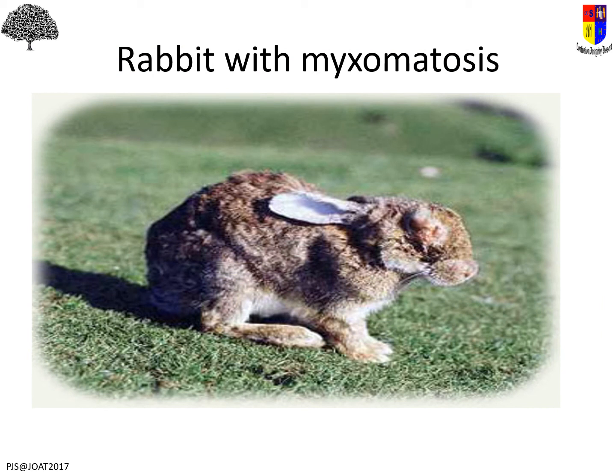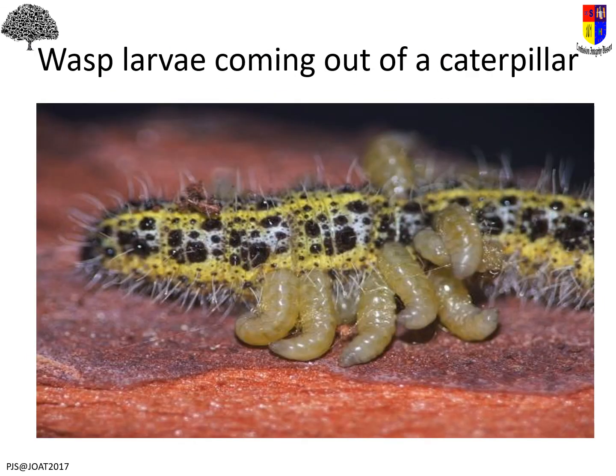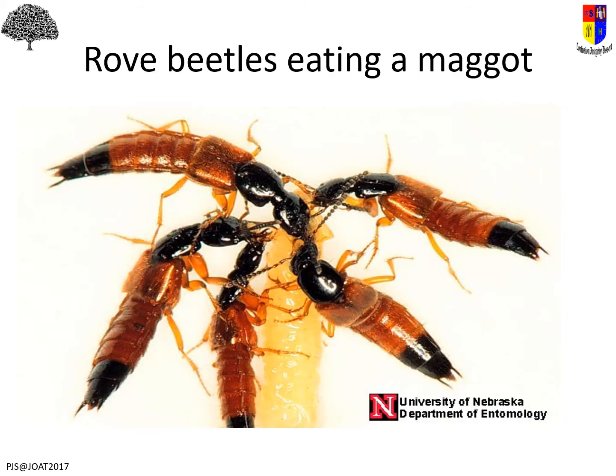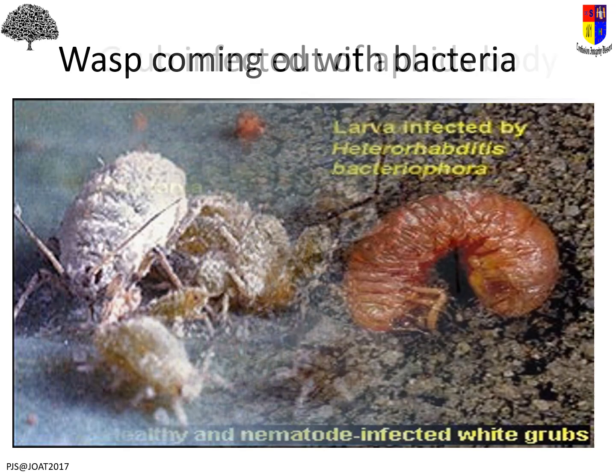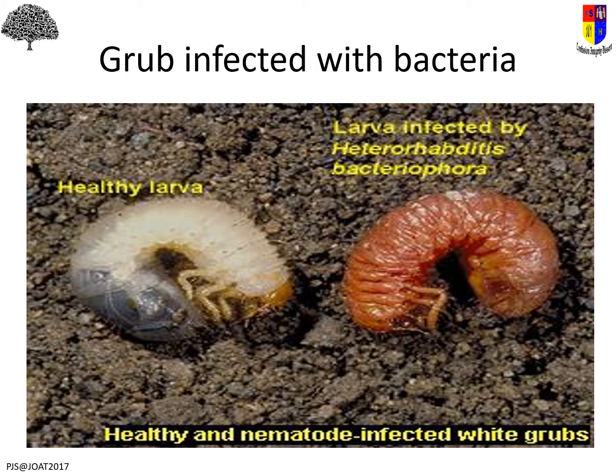Here we've got disease, attempting to wipe out rabbits with myxomatosis. A particularly gross picture of wasp larvae coming out of a caterpillar, it's a parasite. We've got rove beetles attacking a maggot, so that would be predators. Another one with wasps, pretty gross. And another pathogen that is destroying the larvae of this particular nematode.